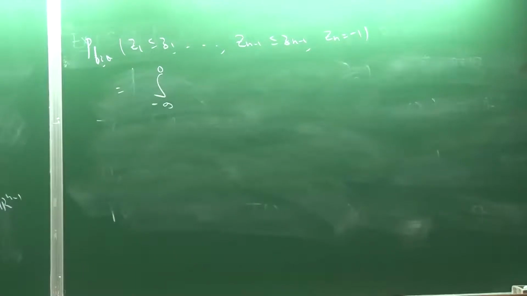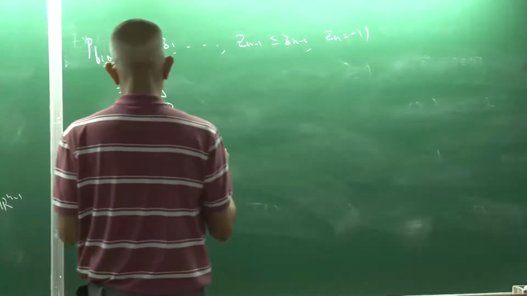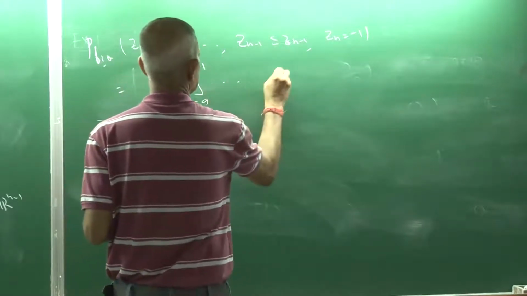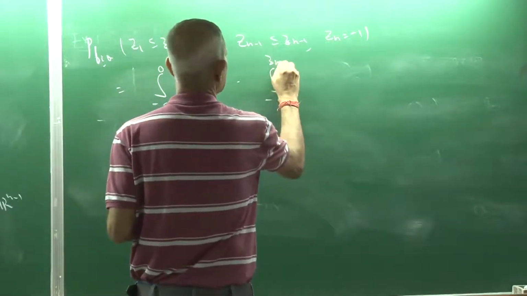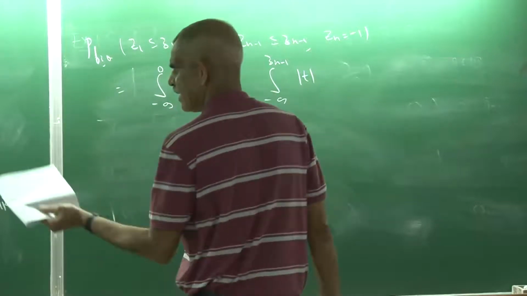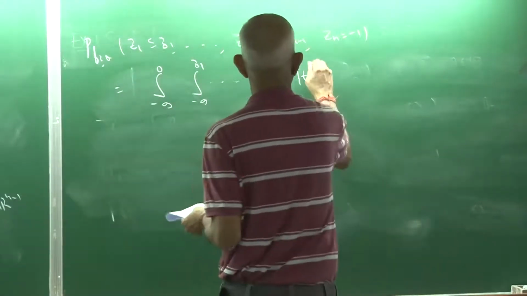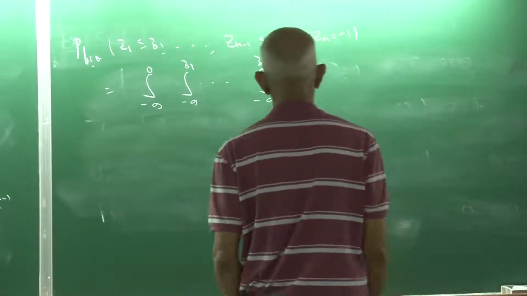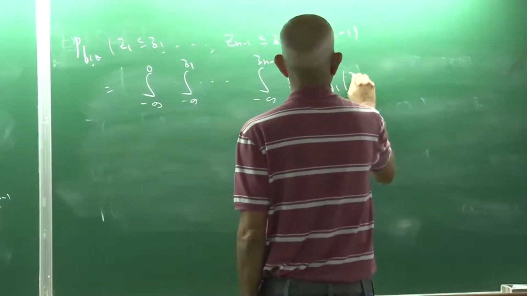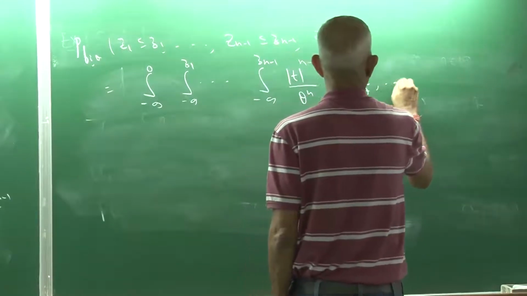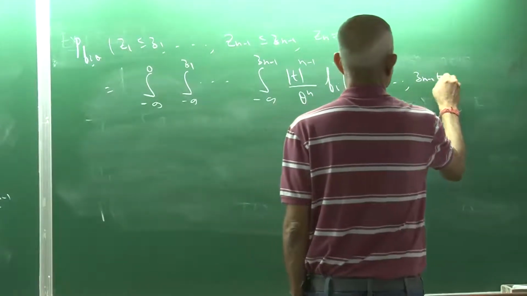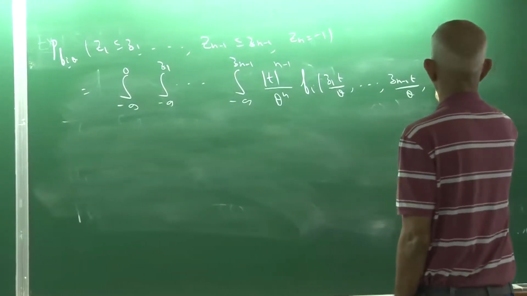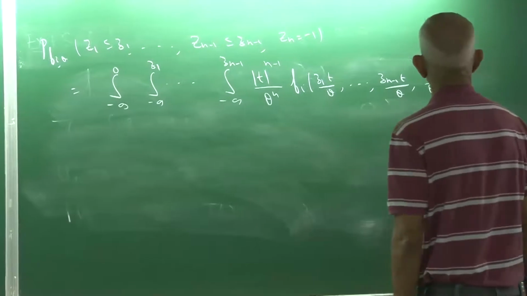Z1 goes from minus infinity to z1 and so on, minus infinity to zn minus 1, with the density mod of t to the power n minus 1 by theta to the power n, Φ(z1 t by theta, ..., zn minus 1 t by theta, t by theta) dt.